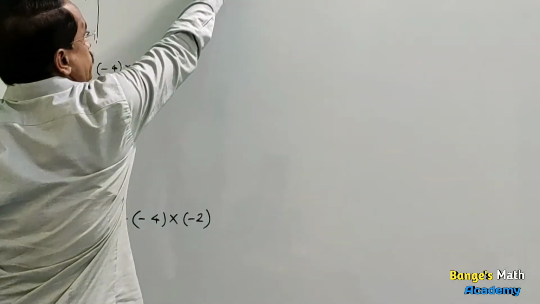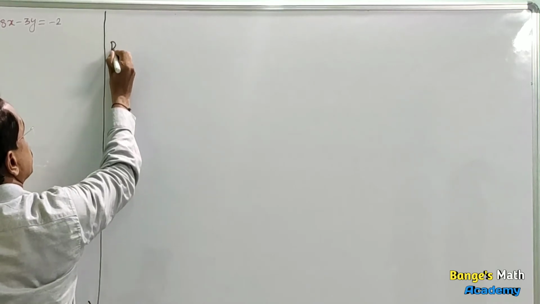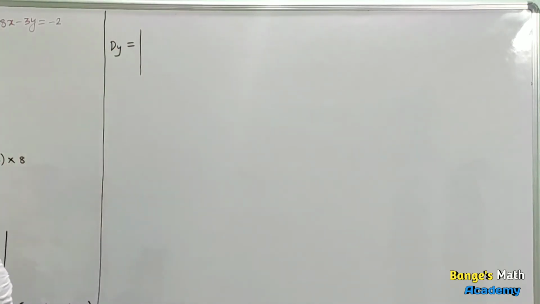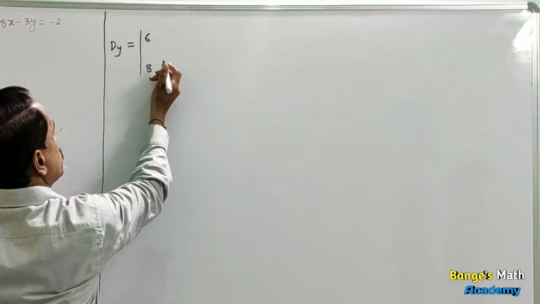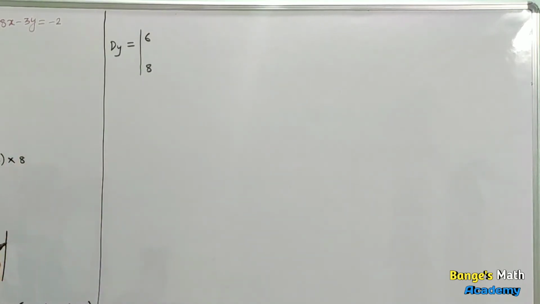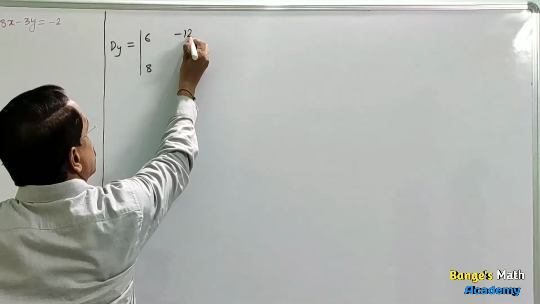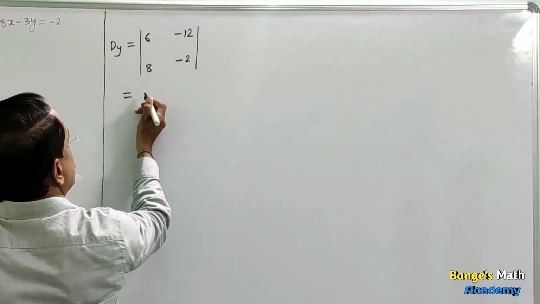Then find the value of dy. dy is equal to, in the first column, write down the coefficients of x, 6 and 8. In the second column, hide the coefficients of y and replace them by the constant terms minus 12 and minus 2. Simplify this.